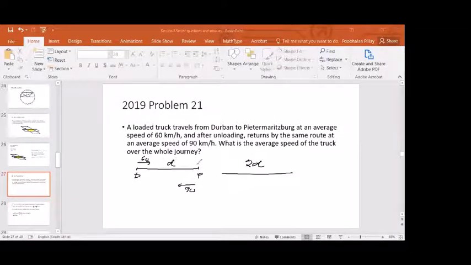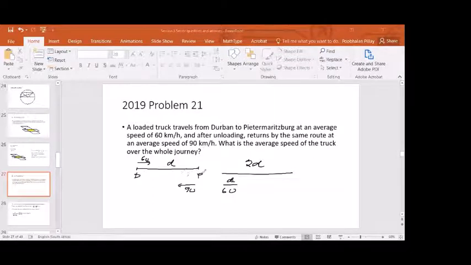Right, now the total time will be the time from Durban to Pietermaritzburg, which is traveling a distance d at speed 60. So the time that it takes will be d over 60, distance over speed. Speed times time is distance. And the time it takes on the down journey from Pietermaritzburg to Durban.